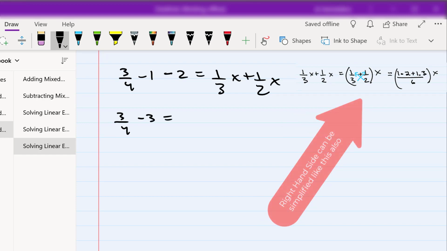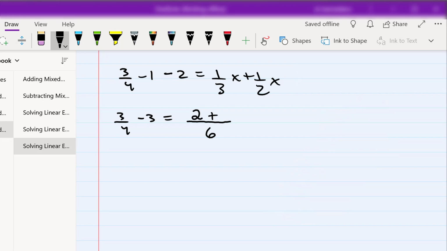Now what we can do on the right side is get a common denominator of 6. So 3 goes into 6 2 times. 2 times 1 is 2 x plus 1/2 x. 2 goes into 6 3 times. 3 times 1 is 3 x.